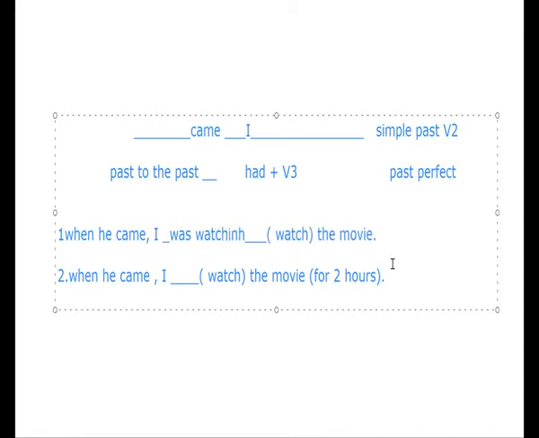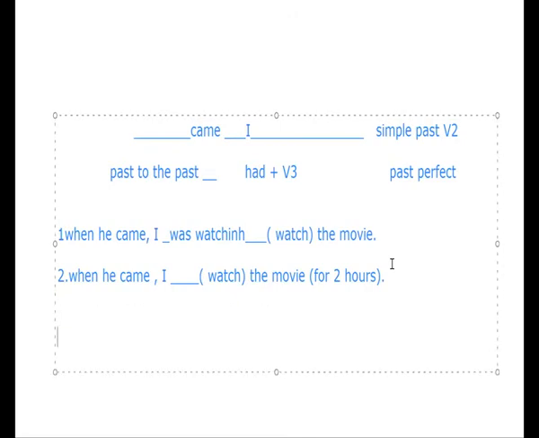Now remember, whenever I want to talk about the length of the time in a sentence, it can be expressed like this: has been, have been, had been plus V1 plus ing form.